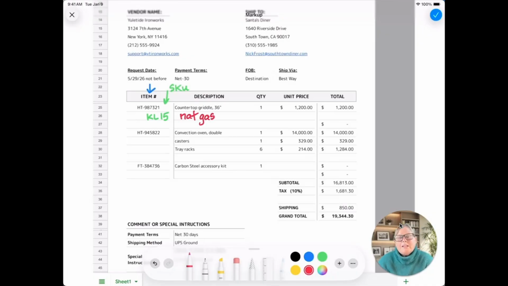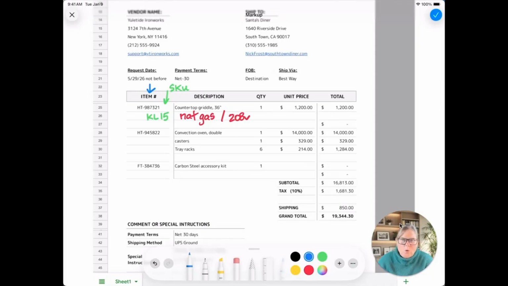Or this might be an electric unit. Maybe it's a 208 volt unit. Either way, you have to specify that because the vendor's not going to know. That part number doesn't necessarily automatically denote voltage or a gas type. You have to actually type it out underneath the item that you want.